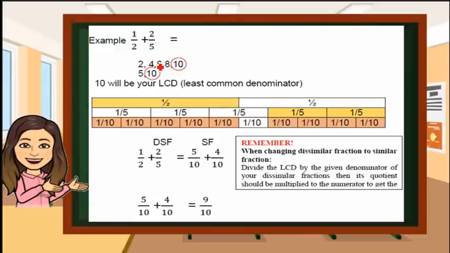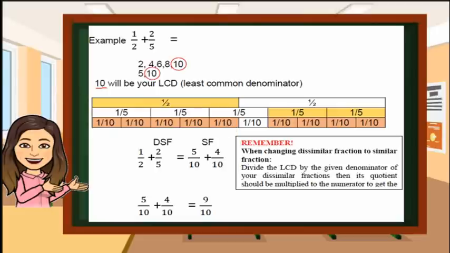So we will have 10 as the least common denominator of 1/2 and 2/5. So remember to get the LCD. 10 here will be your LCD, the least common denominator.